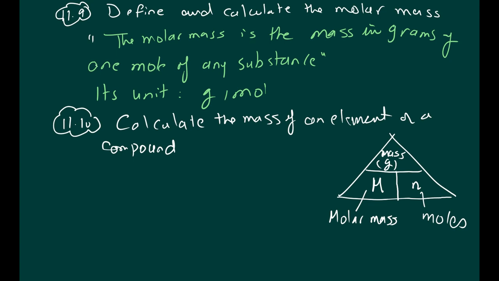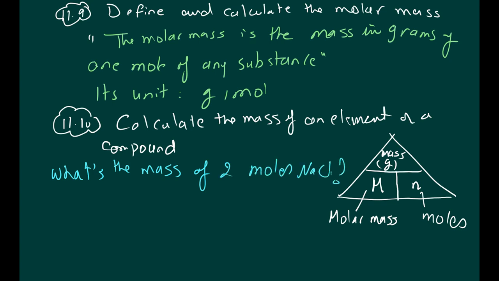So if I ask you, what's the mass of 2 moles of sodium chloride? First, you should calculate the molar mass. Molar mass of sodium equals 23. Molar mass of chlorine is 35.5. You'll get those masses from the periodic table.